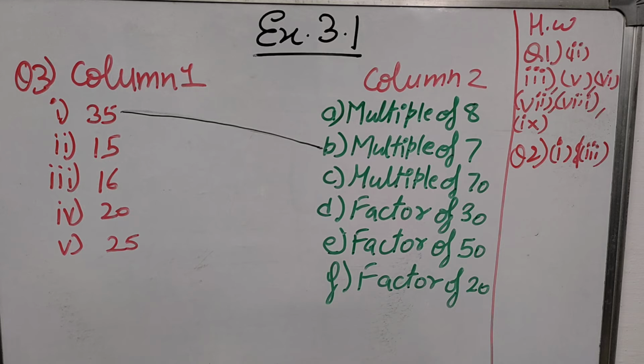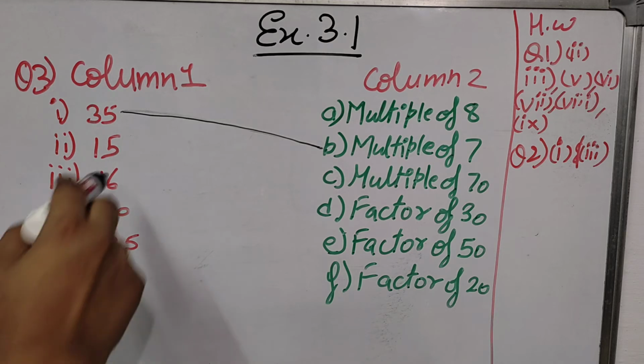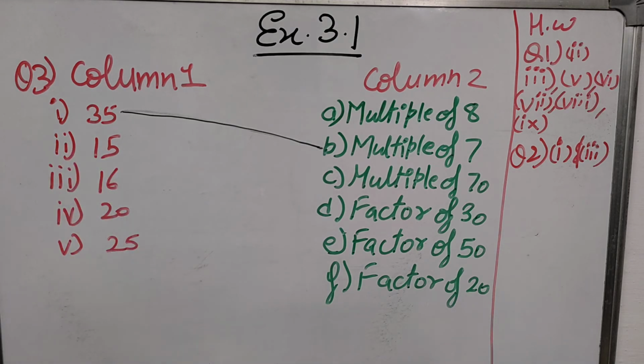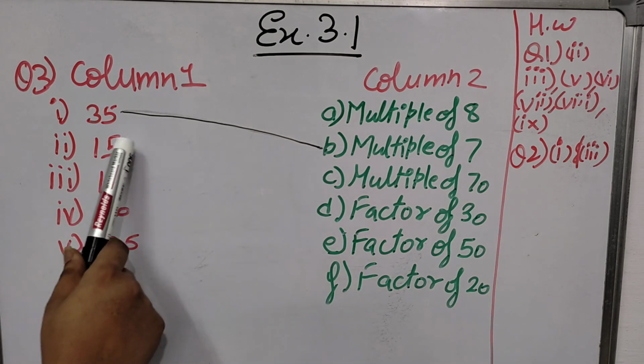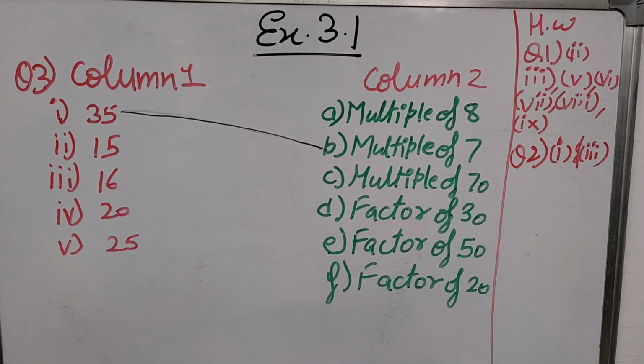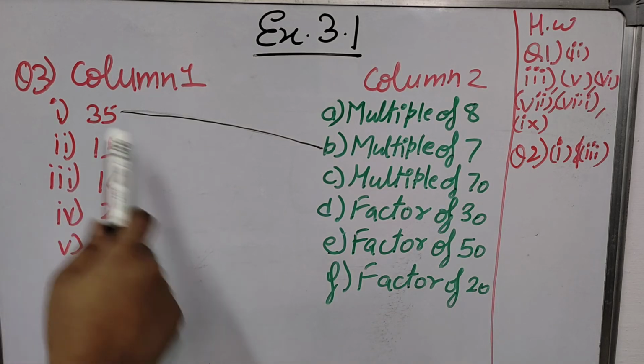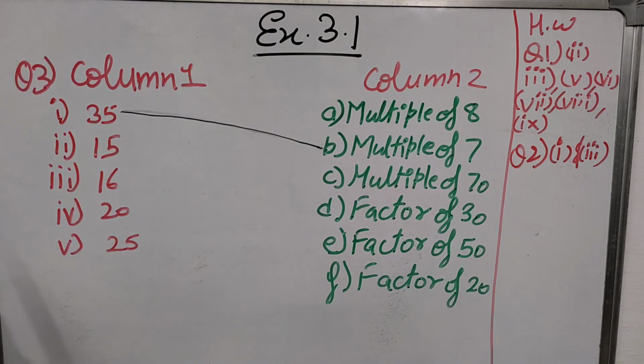Next is 15. Let's check for 15. Is 15 a multiple of 8? No, there is no 15 in a table of 8. So it is not a multiple of 8. Next we have multiple of 70. If it had been a multiple of 70, then it must be some greater number, because 70 is itself greater than 15.